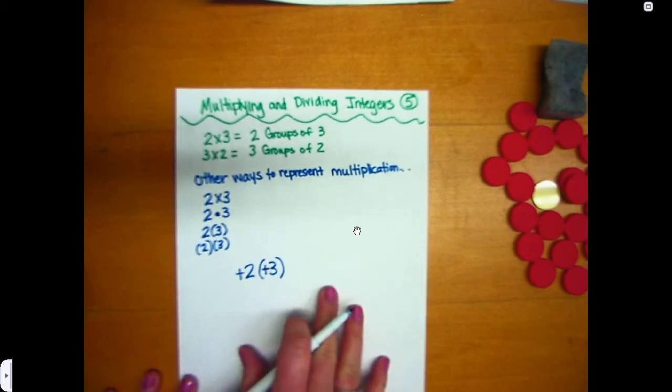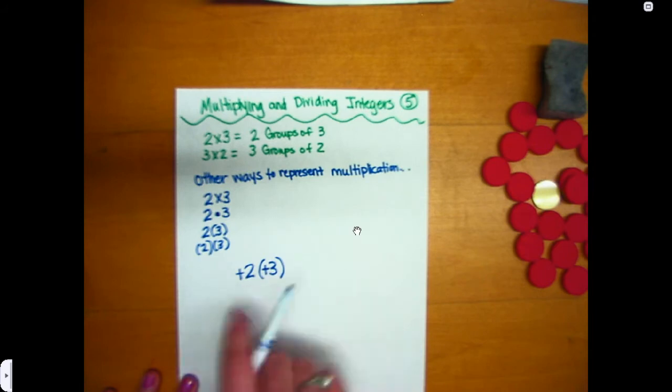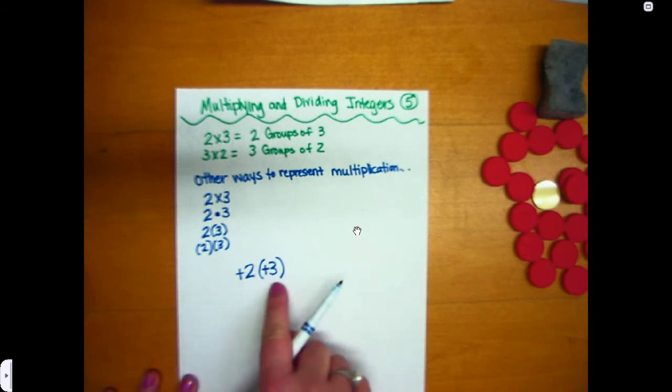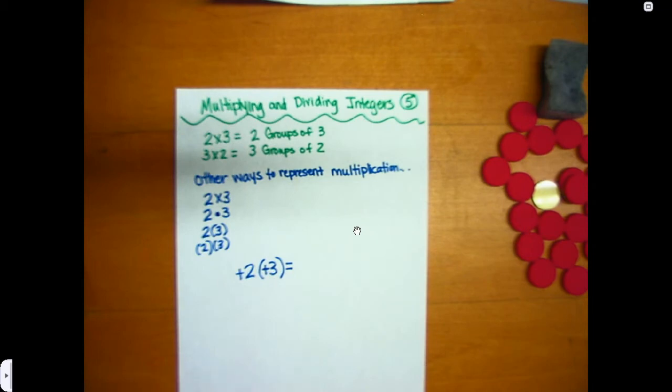How would I model positive 2 times positive 3? I could use my counters, and we're going to draw it on our paper right now just so we can make sure that we have it on our paper. So if you have those colored pencils that I gave you at the beginning of the year, get those out and let's use those colored pencils.